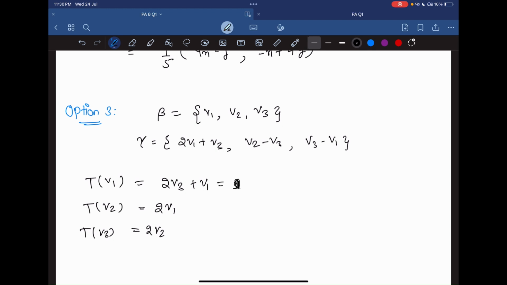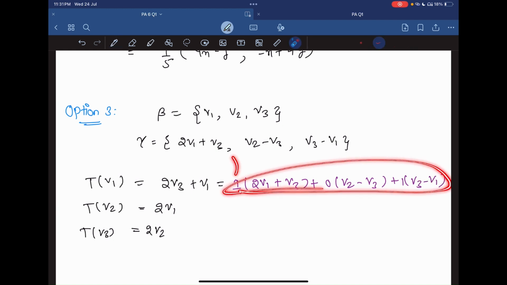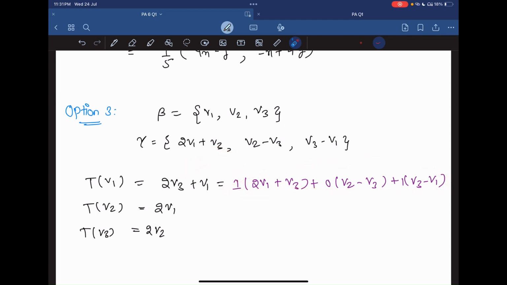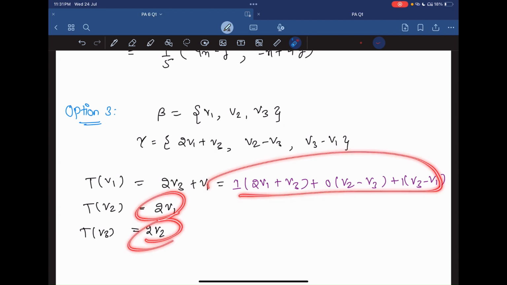Let's use that: 1 times (2v1 plus v3) plus 0 times (v2 minus v3) plus 1 times (v3 minus v1). If we expand this, we will get back to this image vector here, and that's everything we need to do for these two also.